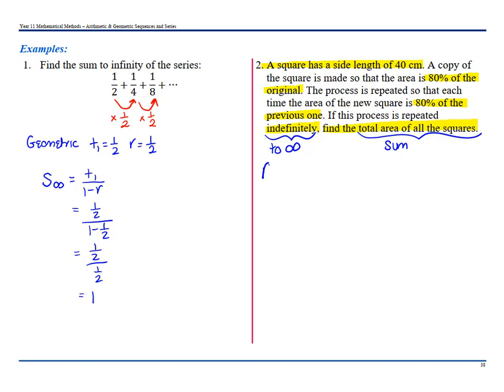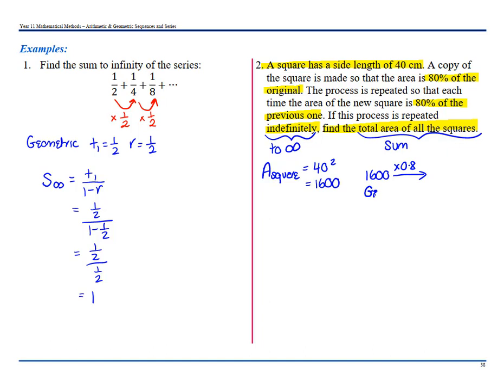So let's think about the area of the square. It has a side length of 40, so it's going to be 40 squared is 1600. So that's what it's starting off at. Now this 1600 is reducing by 80% each time. So we're timesing by 0.8.